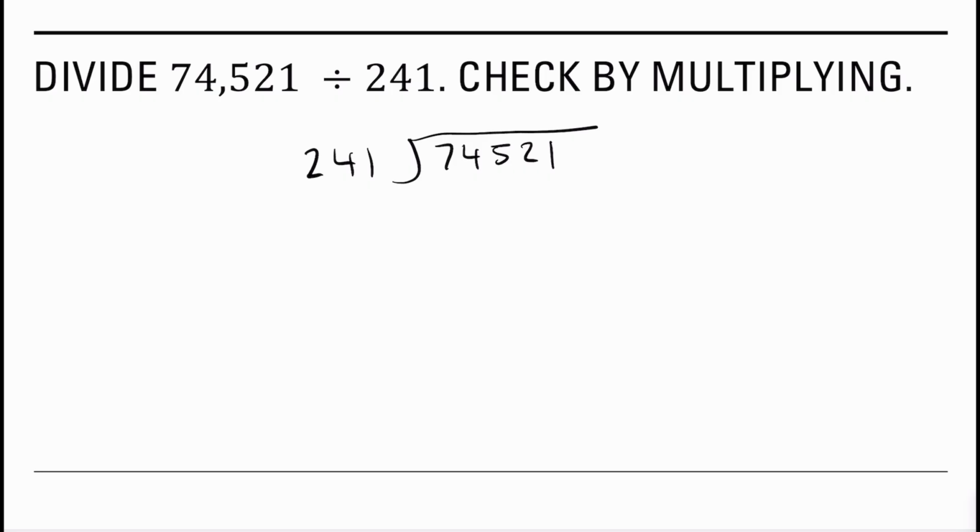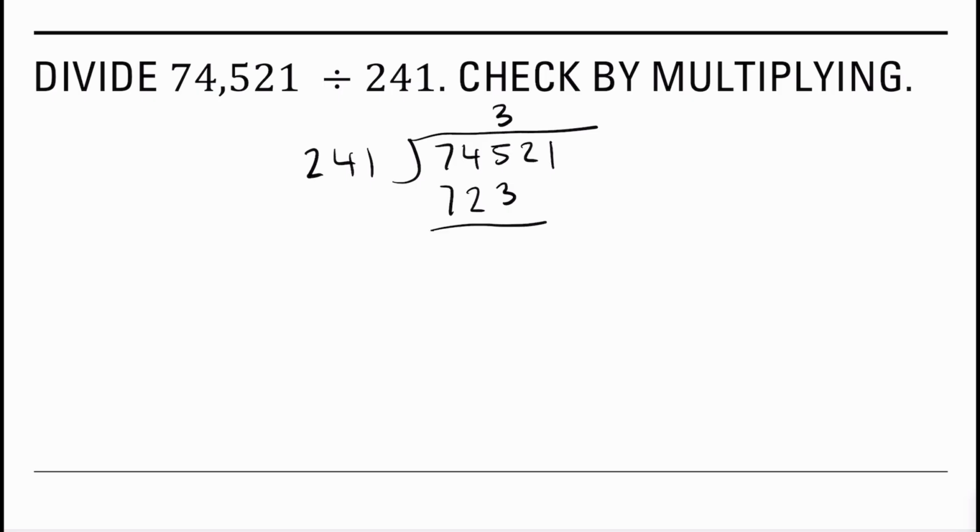And so we couldn't get any more than that. So we would write the 3 above the 5. Because we're looking in the third column, we're looking at it as a whole, we would start there. And so then we're going to multiply 241 by 3. And so we would end up with 723. And so this should be some good practice as well for the multiplication skills.